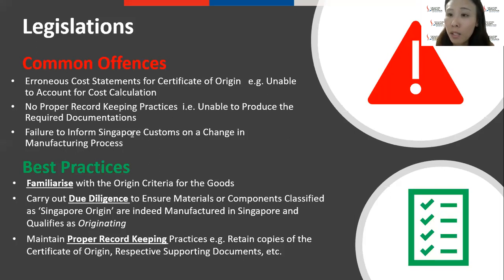For example, retain copies of your certificate of origin and respective supporting documents for at least 5 years, as I mentioned earlier. Hence, it is worth the pain to ensure that all is in compliance, as not only do you obtain the preferential tariff, but in practice, once you are able to gain the trust of the importing customs, you might be able to get the release of your goods in a faster manner too.